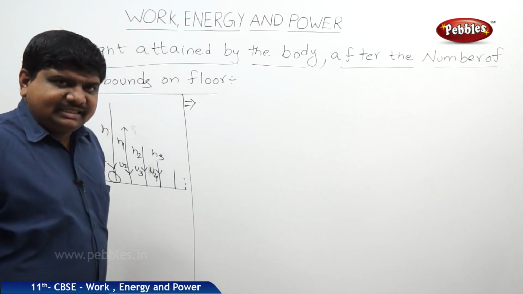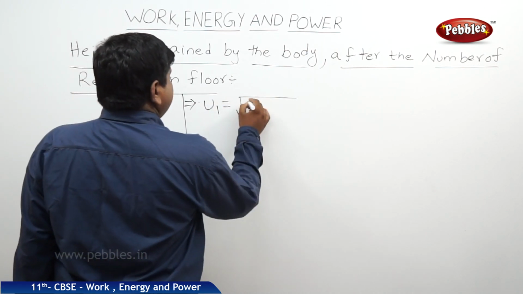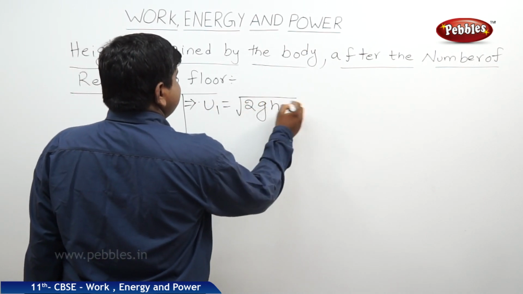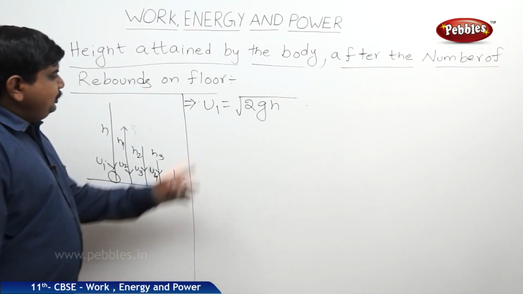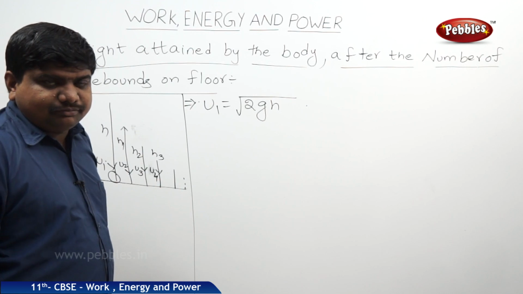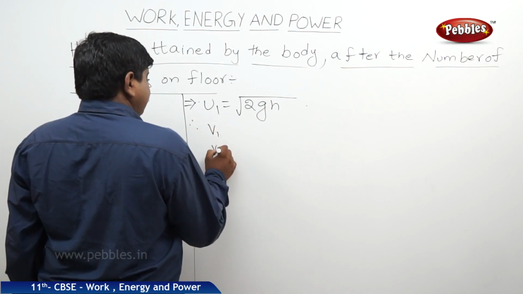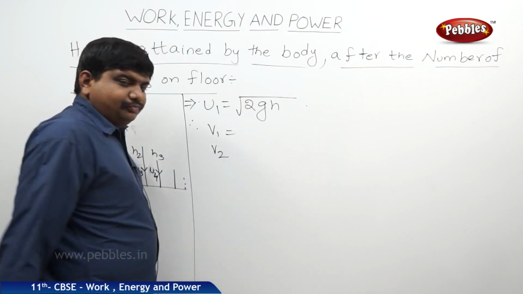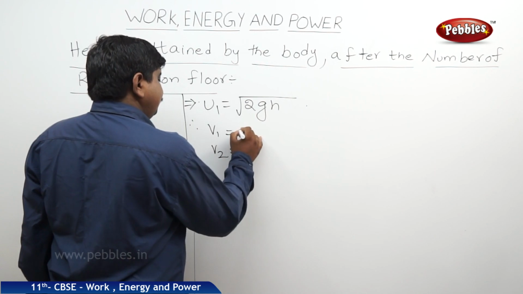So in the first case, we see u1 is equal to under root 2gh. We know that. So u1 is equal to root 2gh. We know that v2 is 0, v1 is v1 only.